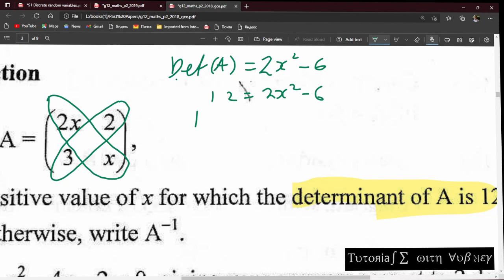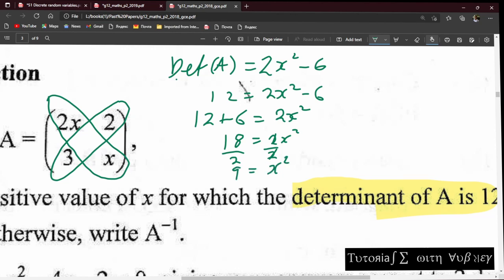So 12 plus 6, that is 18, equals 2x squared. Then we divide by 2, so x squared is equal to 18 over 2, which is 9.